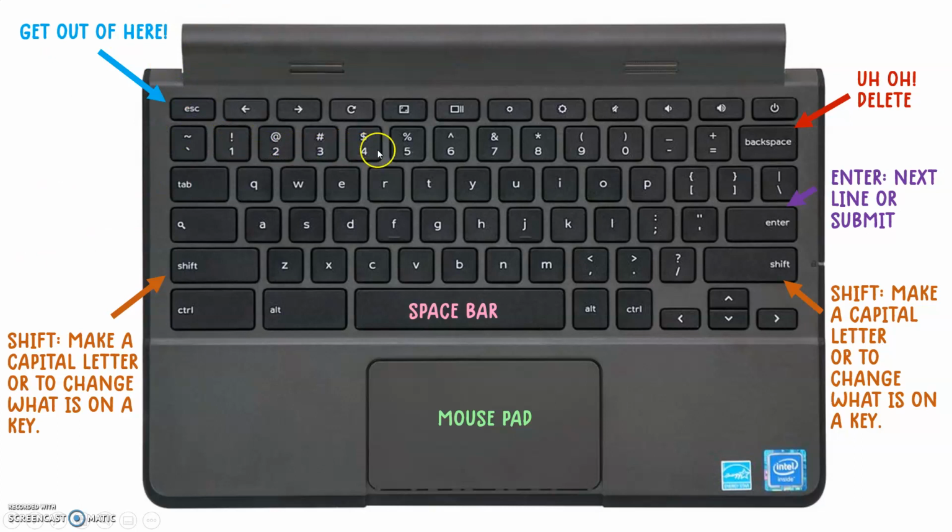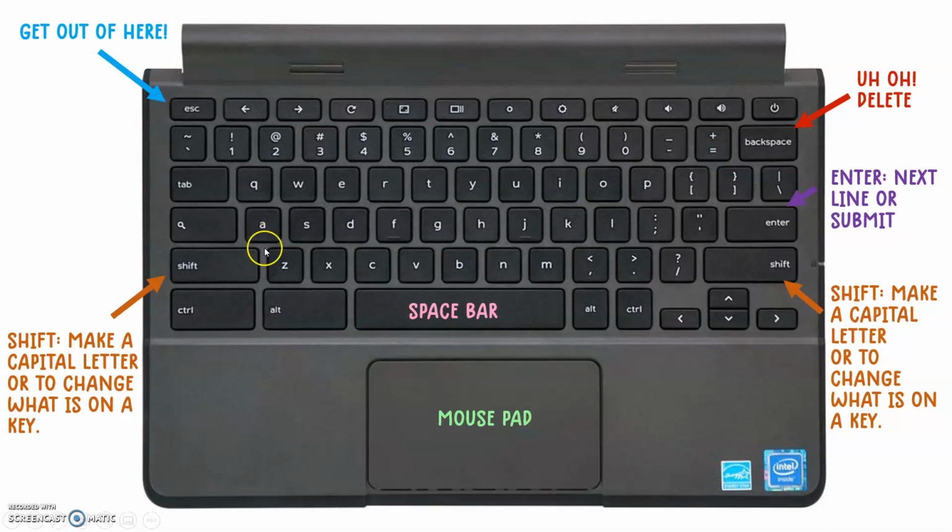So all of the numbers, if you're holding down shift and you tap each one, you will get the different symbols at the top of those number keys. You can also, if you need an arrow instead of a period or a comma, hold down shift, tap those, and they will also change. If you need a plus sign or equal sign, you just find out which one you need, hold shift and tap, and it will show up on your screen.